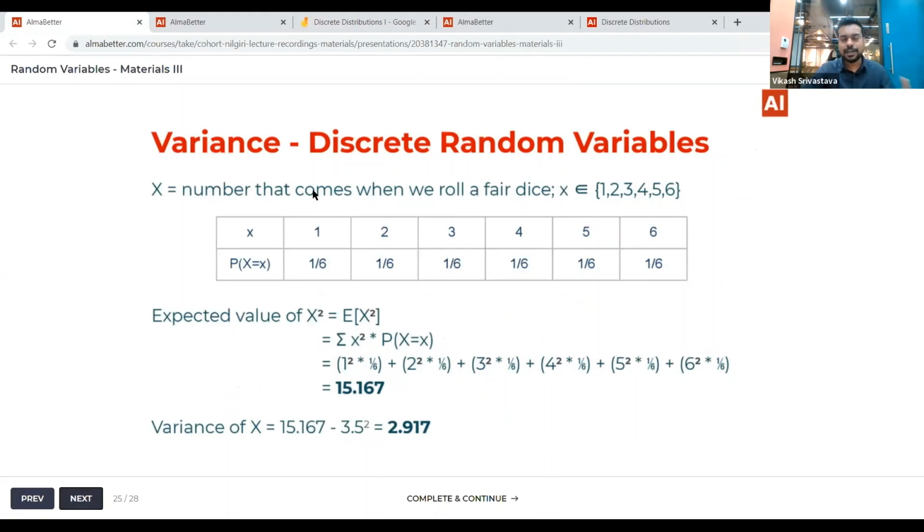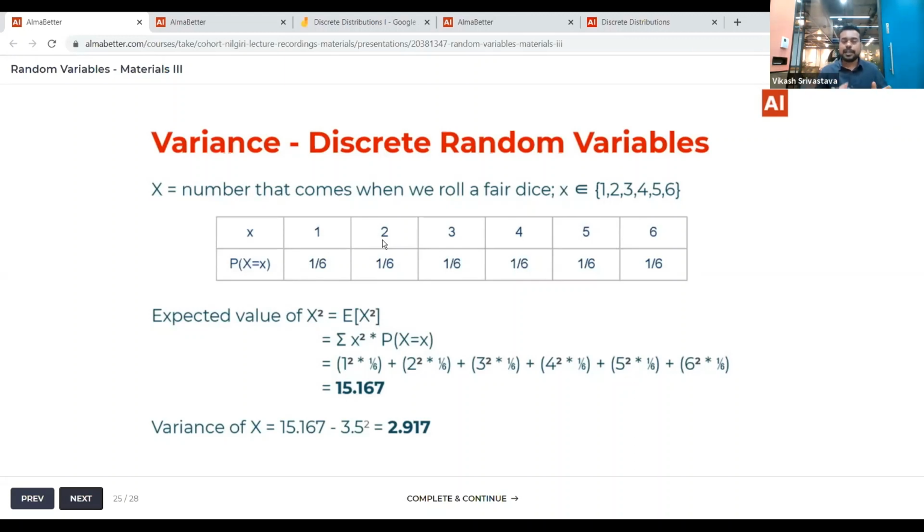So in this example, let's say we're doing a very trivial experiment where we're rolling a fair die. We define our random variable as the number that comes when we roll a fair die, so X(1) is equal to 1. These are the values which our random variable can take, and each of these numbers is equally likely to come, because this is a fair die.